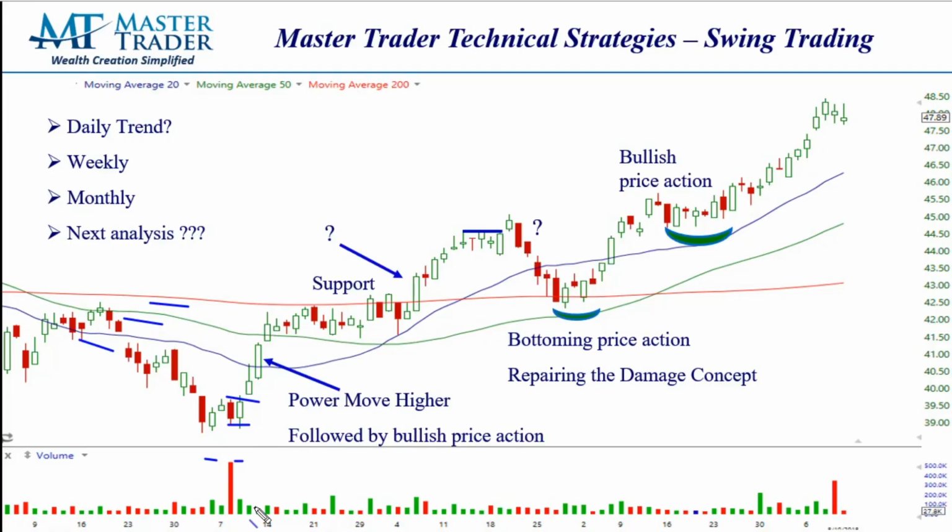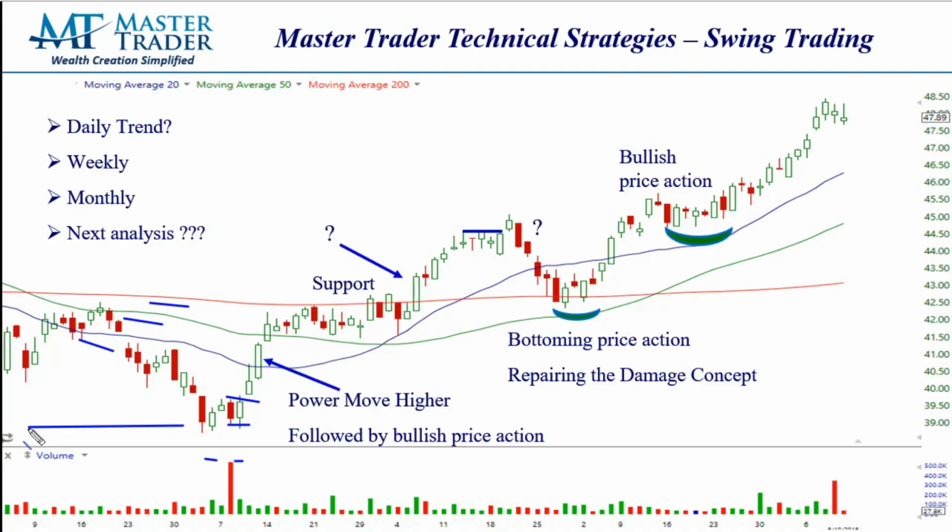Does that mean we want to go long? Absolutely not. This needs to prove itself. We need more information. This trend is lower. Now, you would be looking at what's to the left here. Why is this happening? Remember, we're always asking why. Why does prices turn at a certain location?